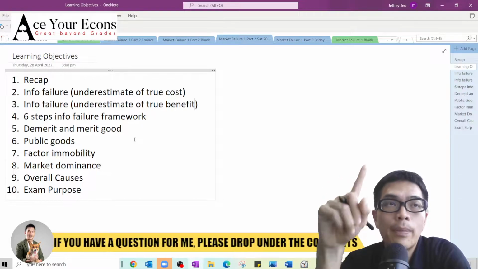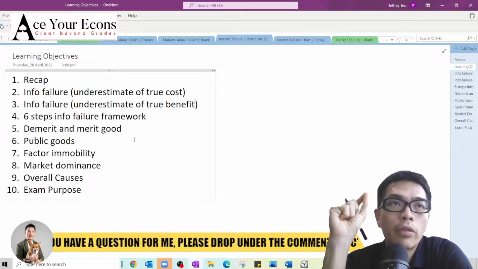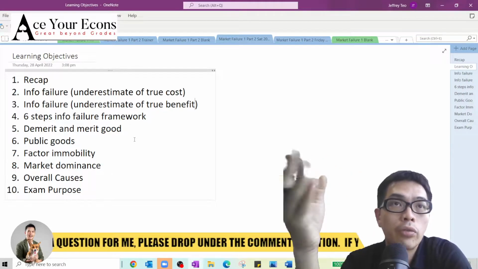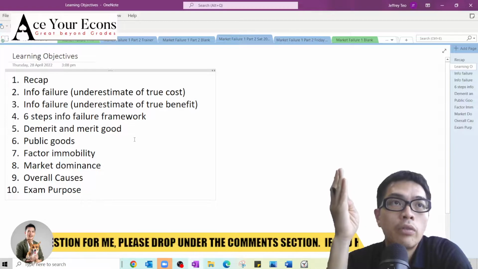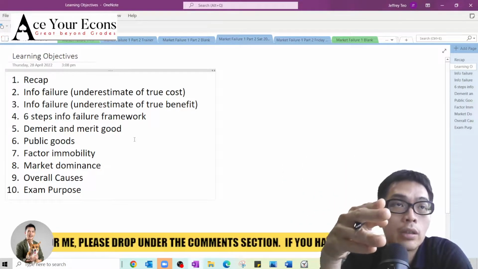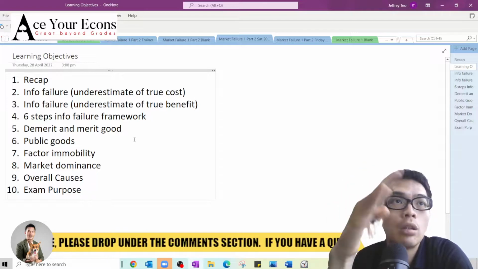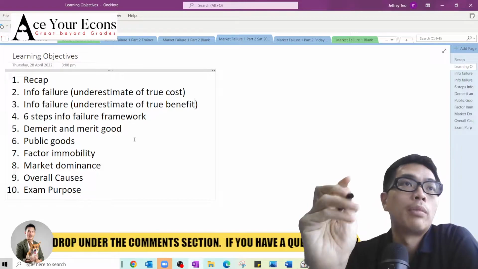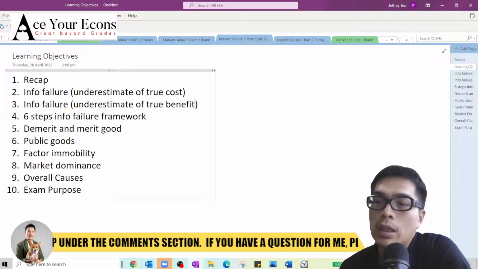So remember, this is probably one of your first few times being introduced to a solutions framework. For solutions, make sure you know what problem you're solving first. If not, it will be rubbish in, rubbish out. And after that, for exam purposes, I will show you how it is going to be tested.